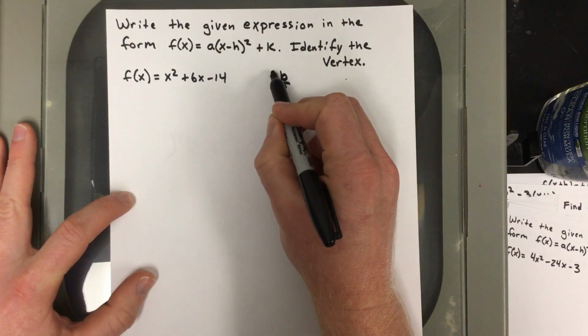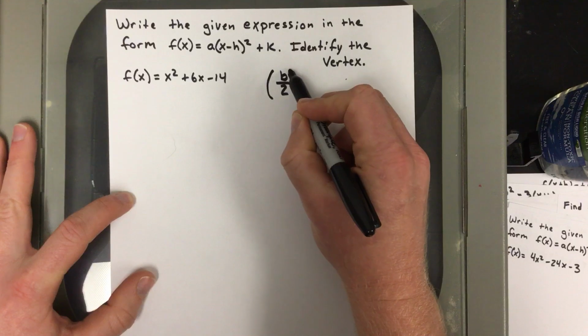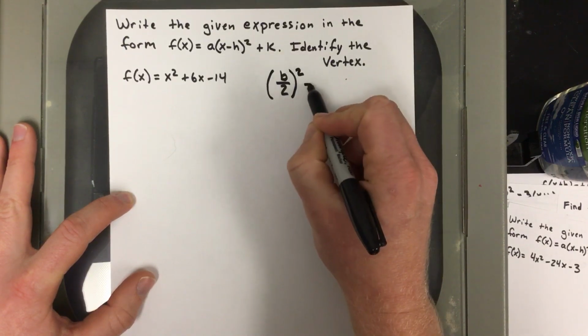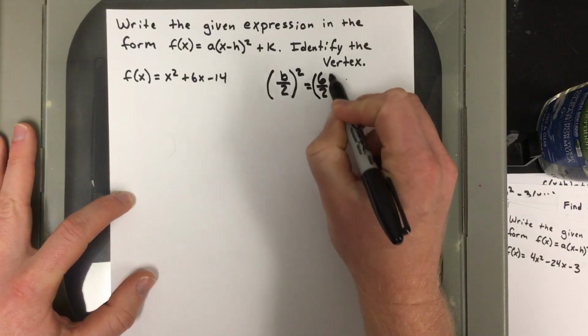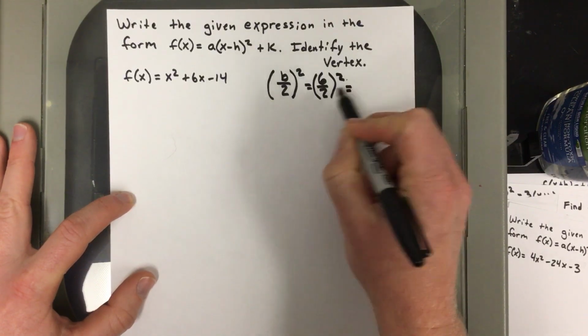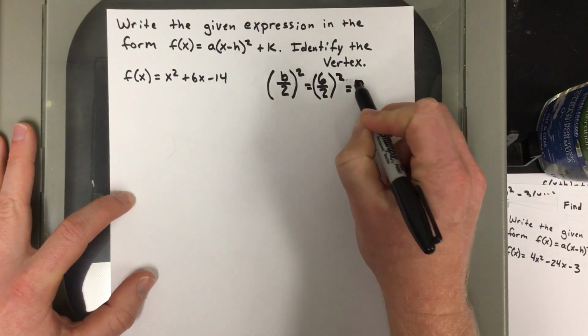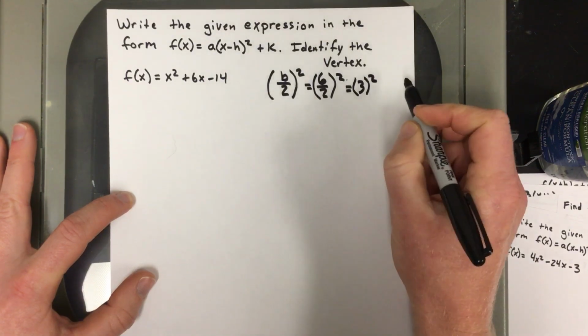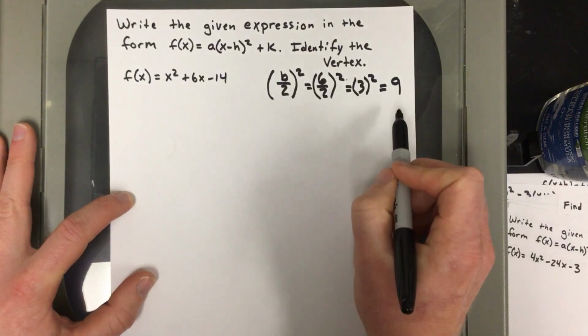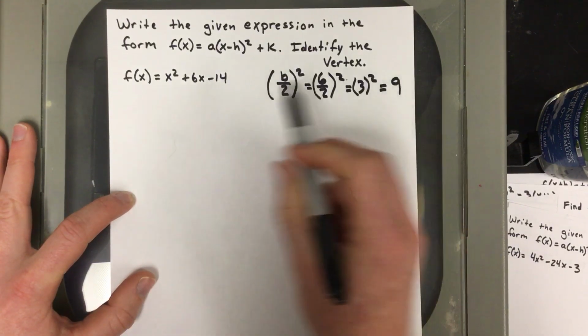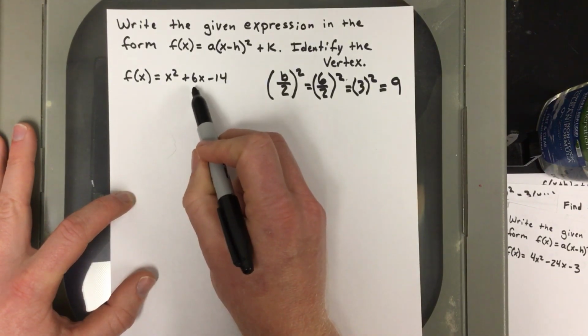We want to take b over 2 and square it, which would be 6 over 2 squared, which is 3 squared, which is 9.